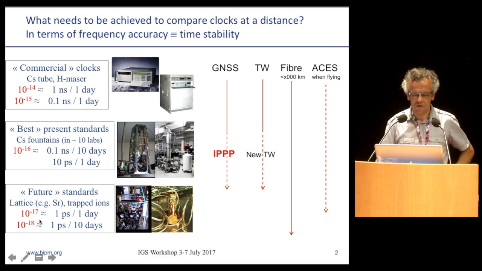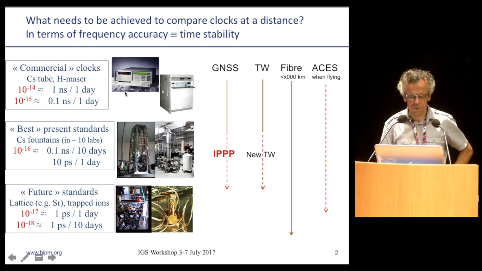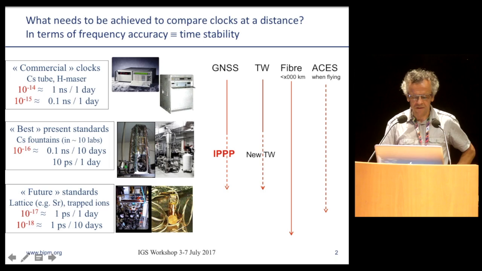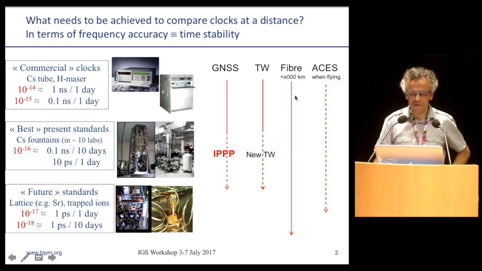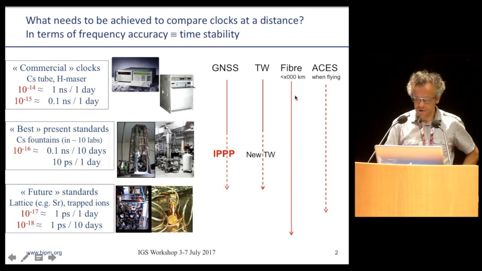And the classical methods of GPS, GNSS, or two-way time transfer easily compare those clocks and come somewhere to compare the fountains. But you only have the fibers to cover the whole range, and this is not easily done, of course.